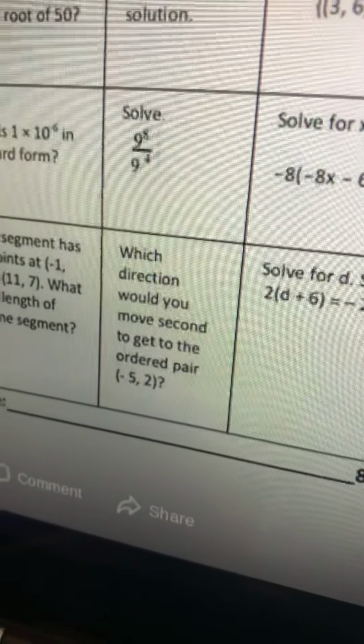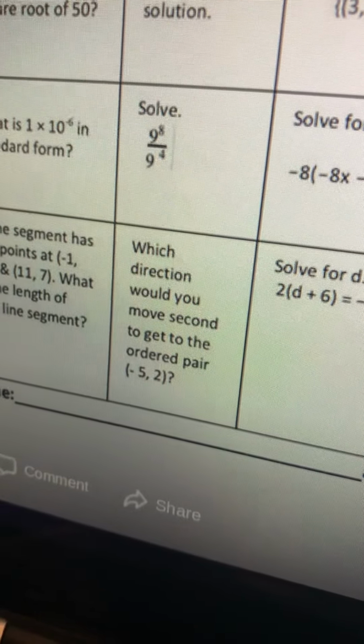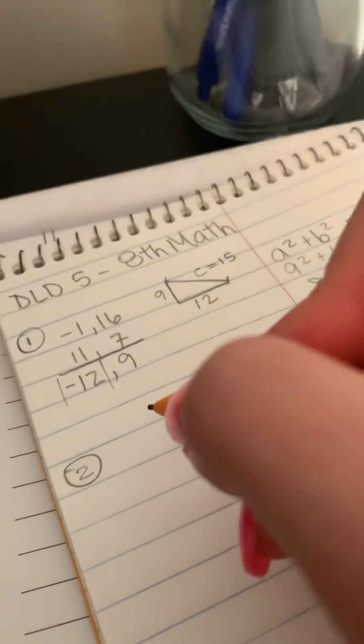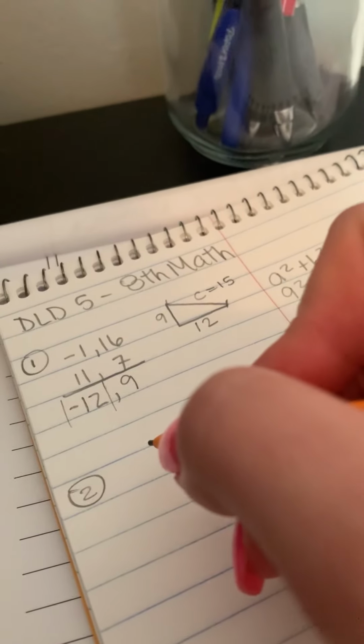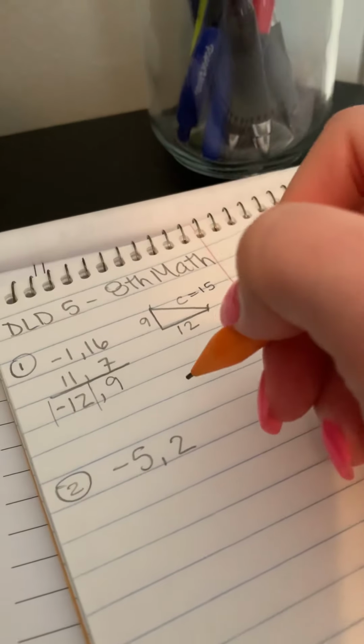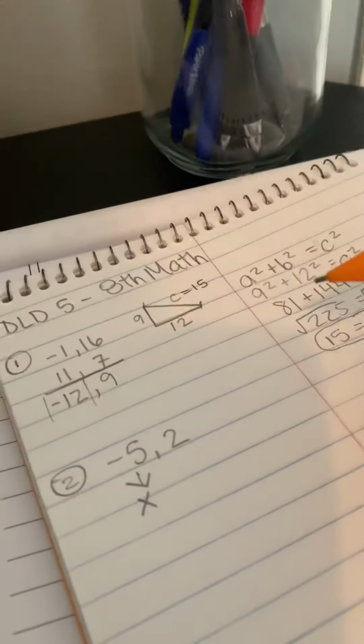Number 2 says, which direction would you move second to get to the ordered pair (-5, 2)? So this is talking about if we're starting at the origin. The first number in our coordinate pair is our x value.